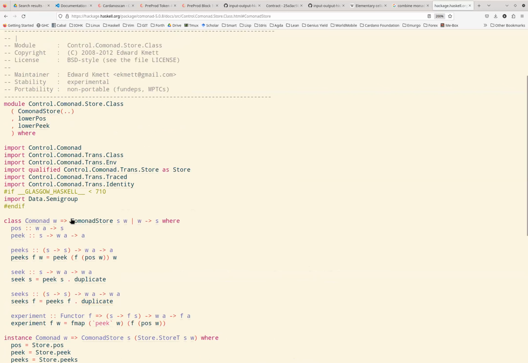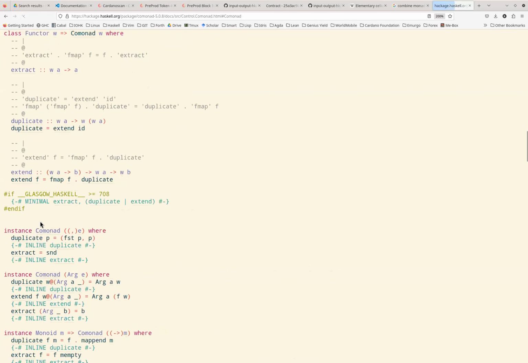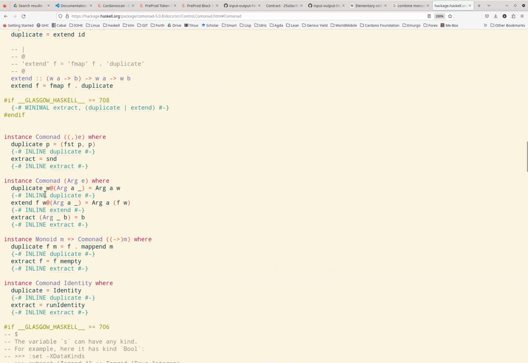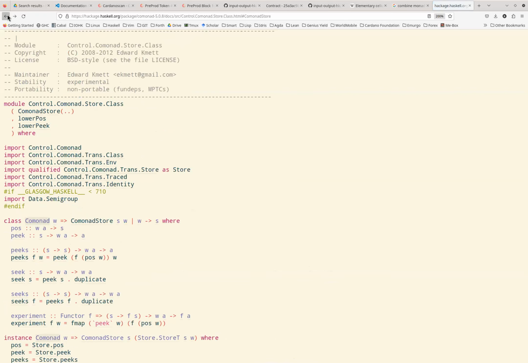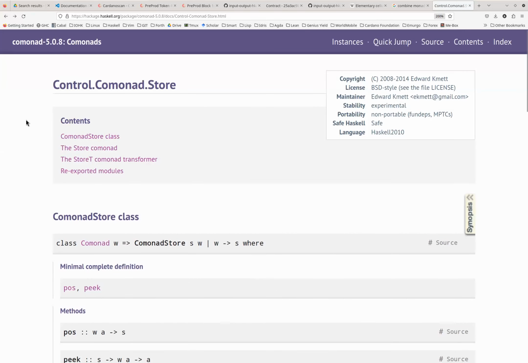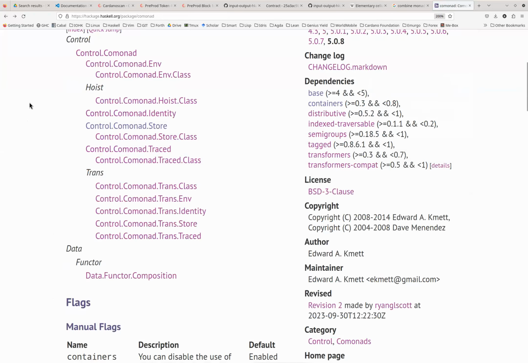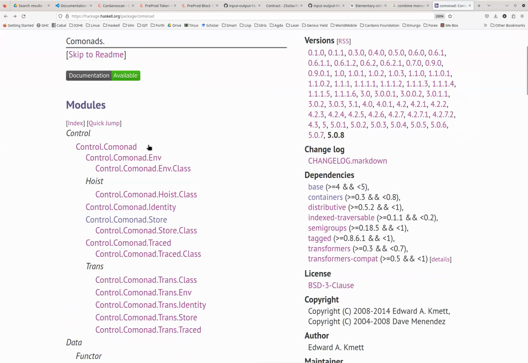I think he calls it differently. No, he does have the extract, the duplicate, and the extend. Anyway, I must look at this stuff again myself. But as you see here, he defines what a comonad is.